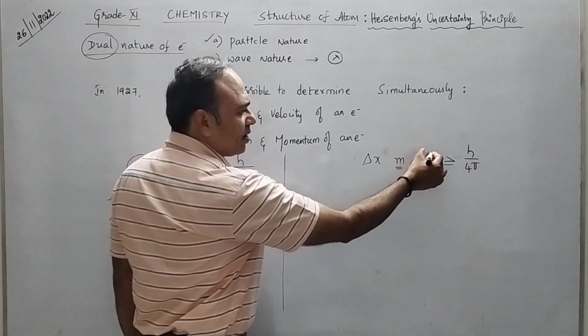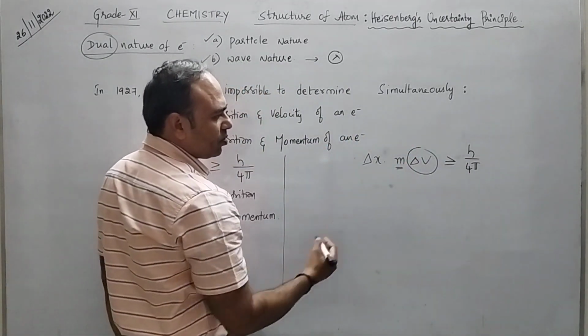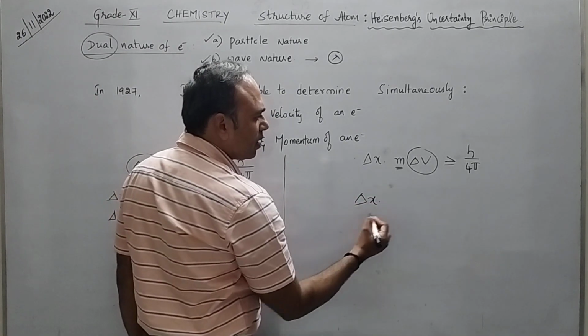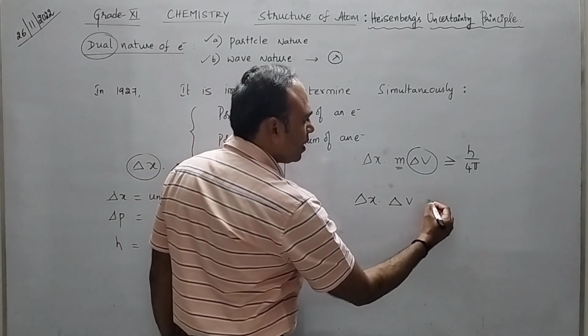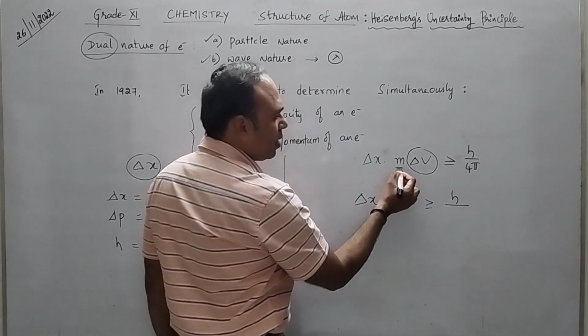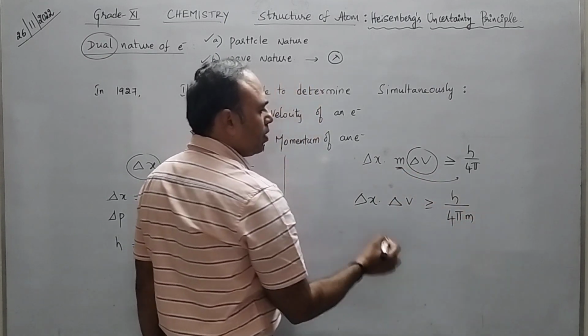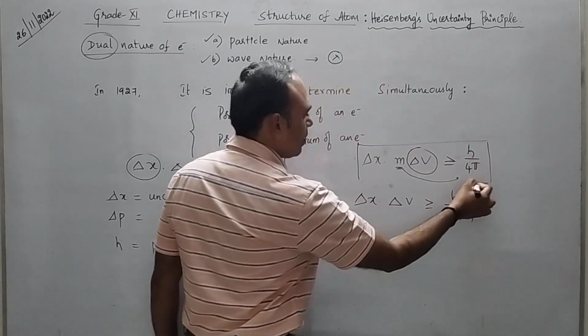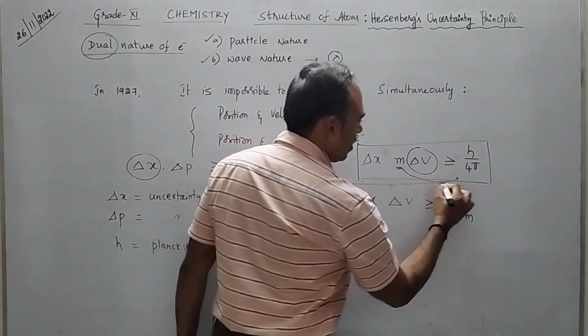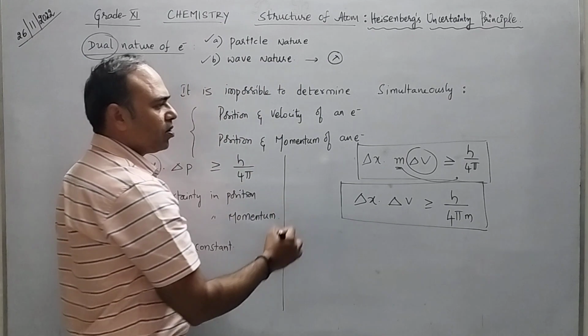Sometimes they will ask only delta v. In that case we can write the formula: delta x into delta v is greater than or equal to h by 4 pi m, sending m to the other side. So we got three formulae. Depending upon the question, we can solve this.